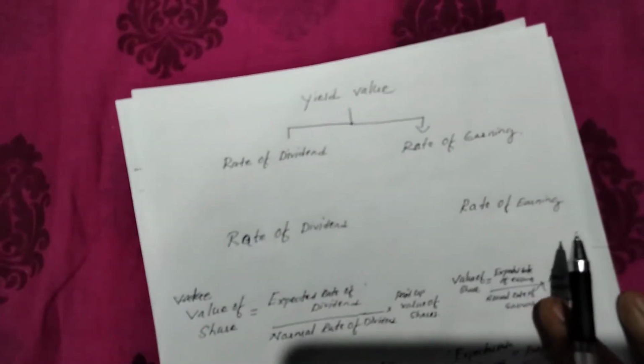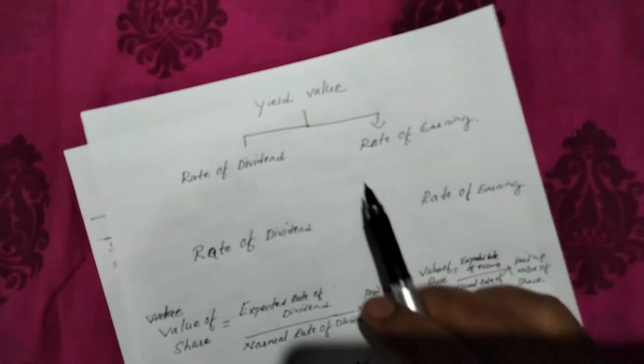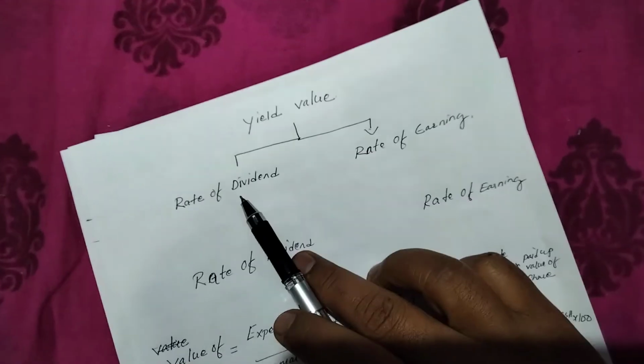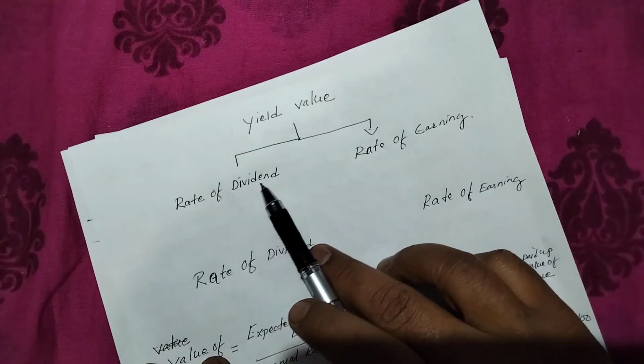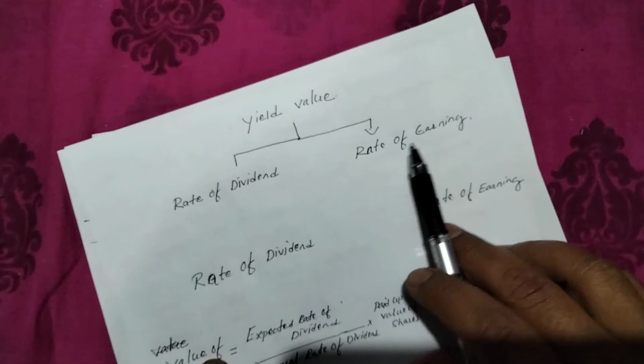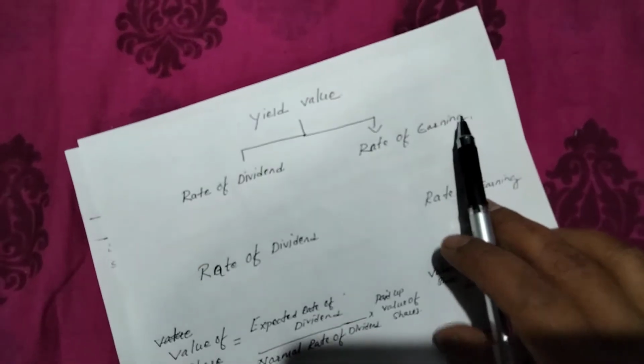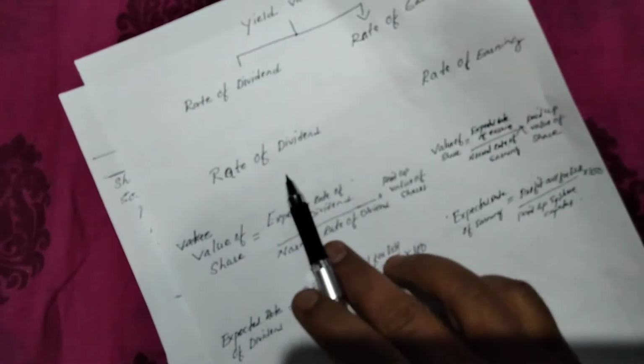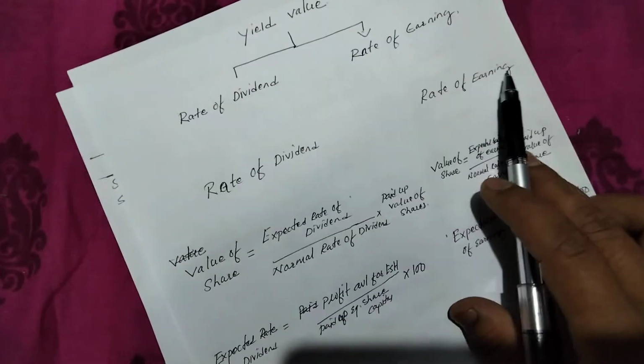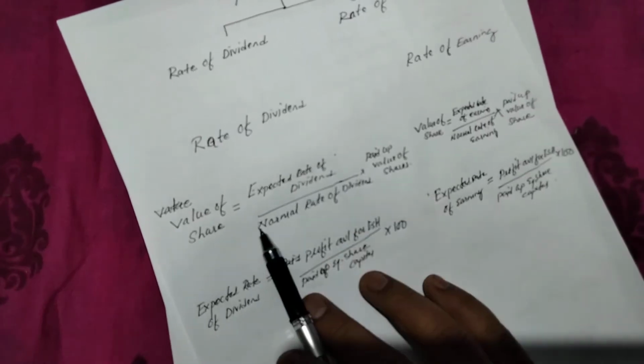Now see, the yield method is divided further into two types, that is the rate of dividend method and the rate of earning method. Here are the formulas.